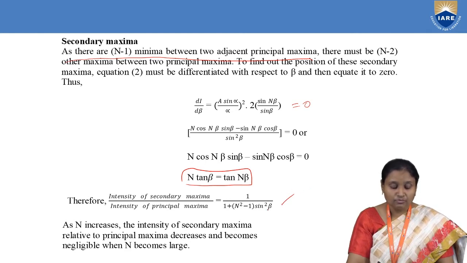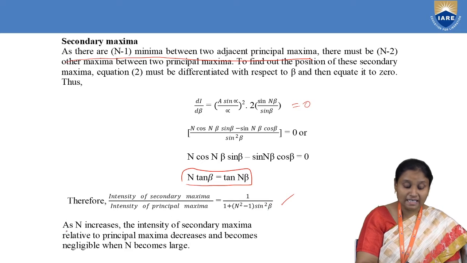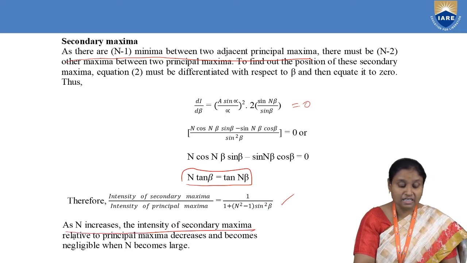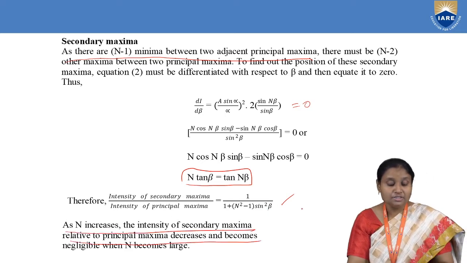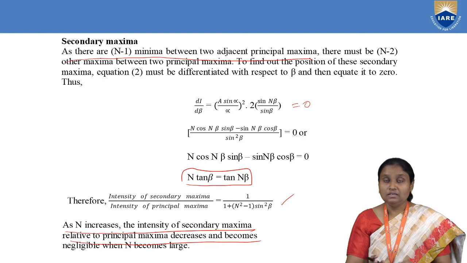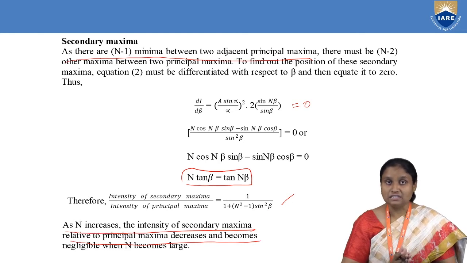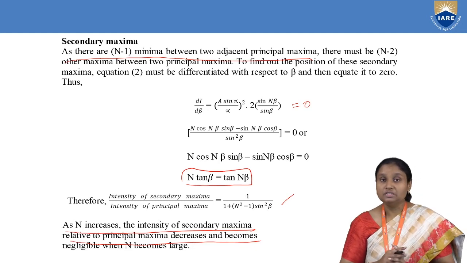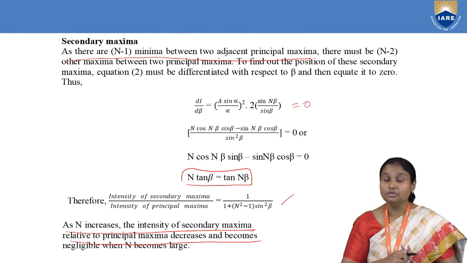What you will consider here is that as n increases, intensity of secondary maxima relative to principal maxima decreases and becomes negligible. In the case of n slits, we'll have principal maximas of different orders, and in between the principal maximas you will have minimas. How many minimas? n minus 1 minimas.